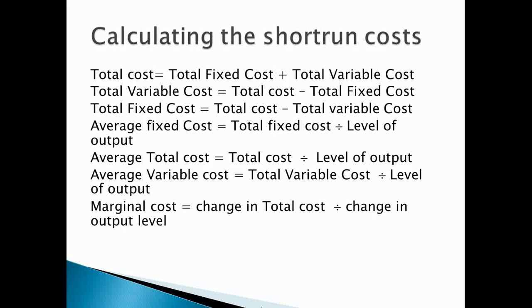If long run ATC falls as the quantity of output increases, as you can see from the graph, the firm has increasing returns to scale, which is economies of scale. That means a fall in average cost as quantity produced increases, which of course benefits the organization more.